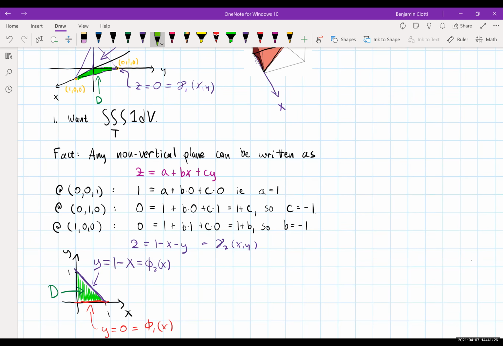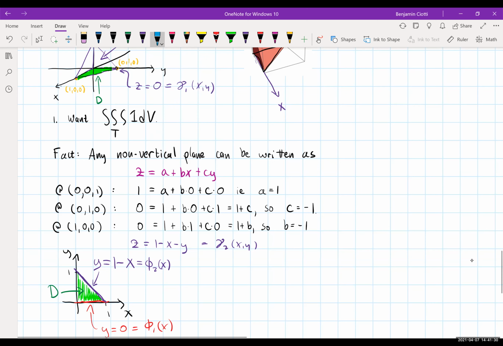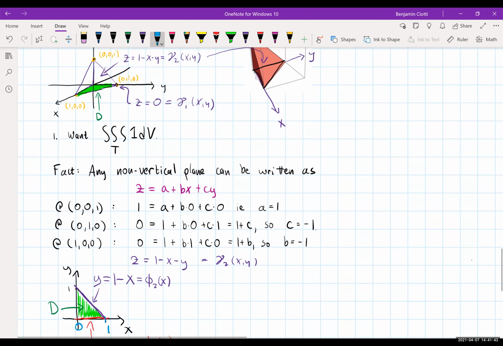Finally, where does x go to and from? x starts at 0 and it ends at 1. Whew. Okay. I got all my bounds for writing the tetrahedron as an elementary region. So I can commence with the computation.